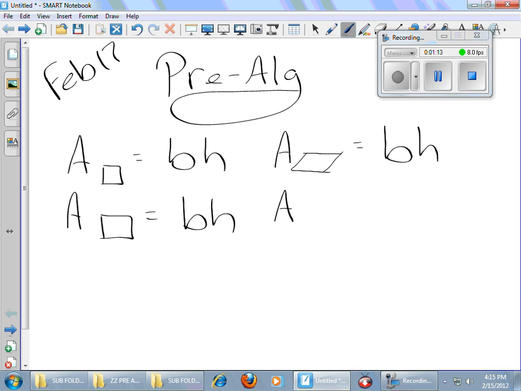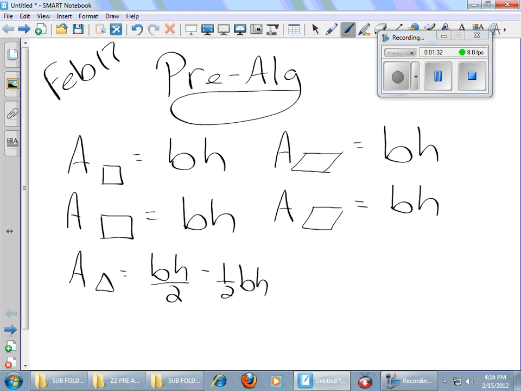The area, excuse me, of a rhombus can be found using the formula base times height. Remember, areas always have squared units. The area of a triangle is the base times the height divided by 2, or you can use 1/2 base times height. They mean the same thing. You only have to use one, don't use it twice.